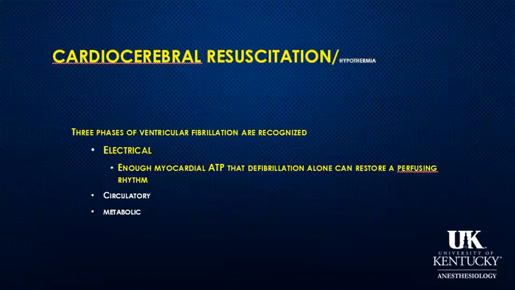The 3 phases of ventricular fibrillation, as I alluded to, are called electrical, and at this time, at the very early phase, there is enough myocardial ATP present that defibrillation alone can restore a perfusing rhythm.